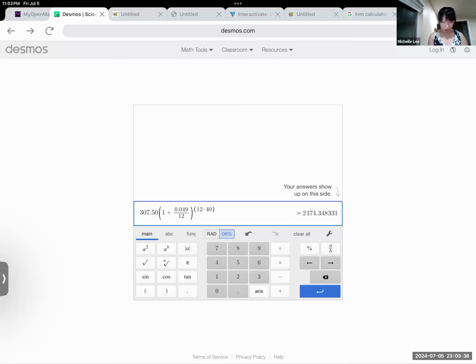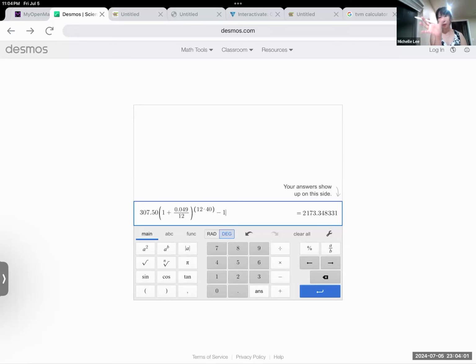So that would be, can I move here? Yeah, okay, I can move here. Minus 1. And then everything over 0.049 over 12 again, one more time. So let me see, this whole thing.